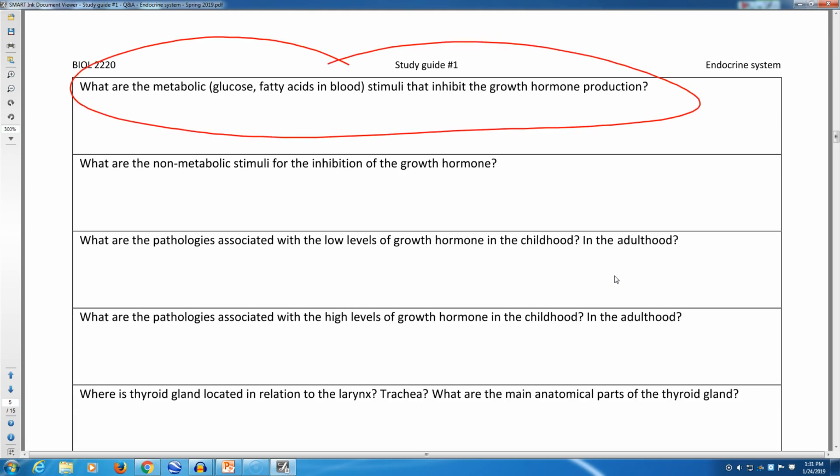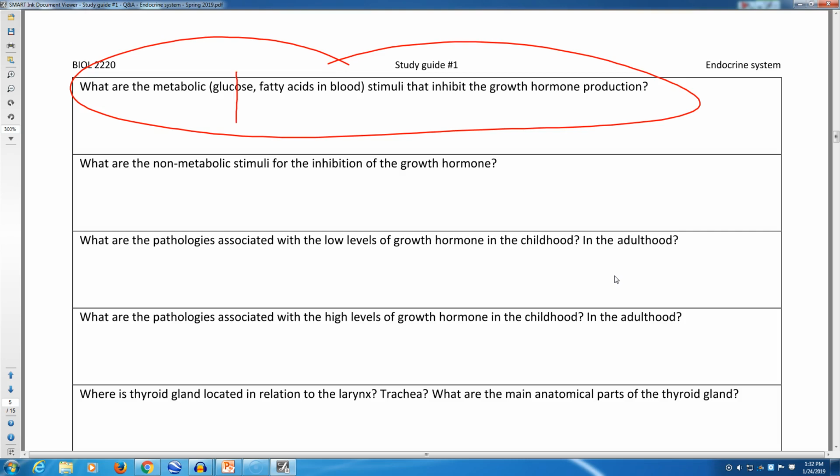Metabolic stimuli that inhibit. So, let me ask you this. If growth hormone increases blood glucose and blood lipids, if its action is to increase those 2, what are the metabolic stimuli that will inhibit growth hormone? It's a simple question. Increased blood glucose and increased blood lipids. Does that make sense?